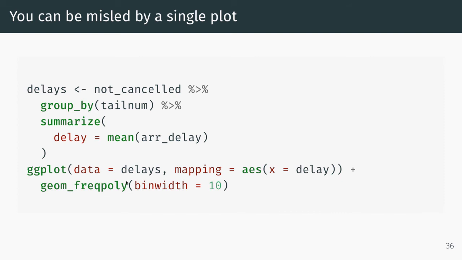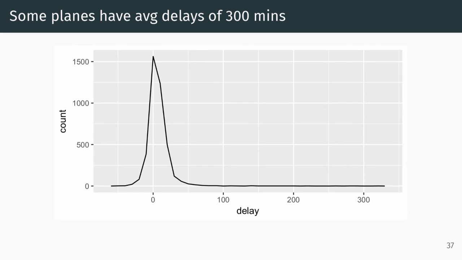This is a plot of the average delay per tail number. You can see that it looks like there are a few planes with very, very large delays. So this is a little bit misleading.